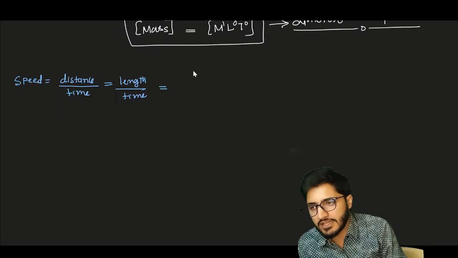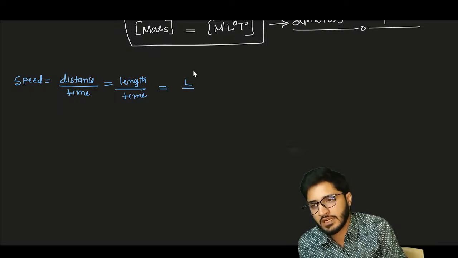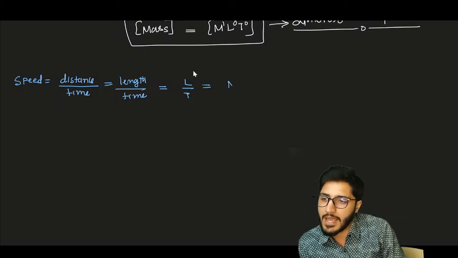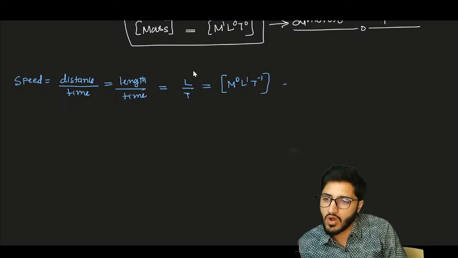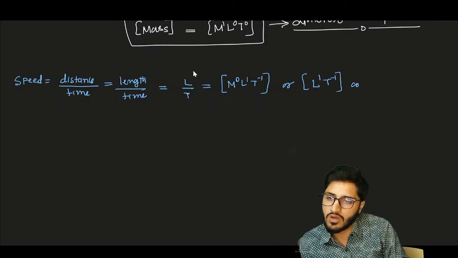So length means L, time means T. So I can write it as M0 L1 T minus 1, or L1 T minus 1, or simply LT minus 1.